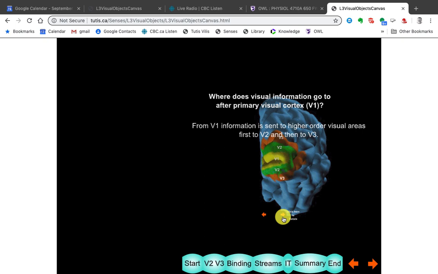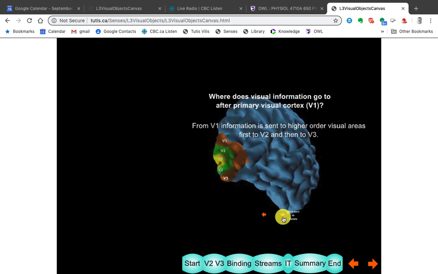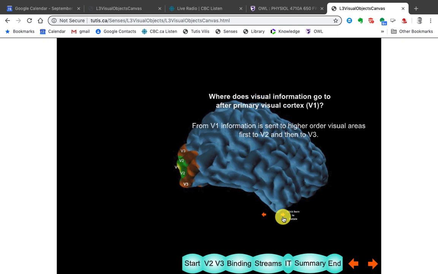You can see more of it down here, and again, in the lateral view, you can see that V1 just sticks out just a little bit, and around that V2 and V3.